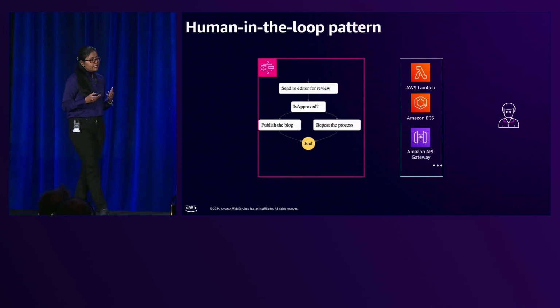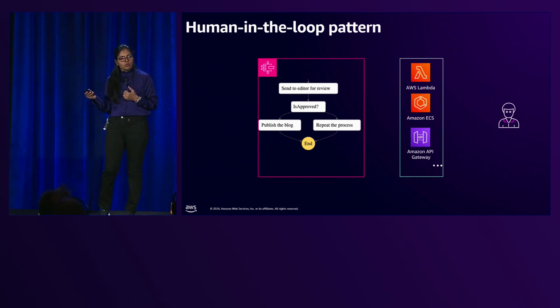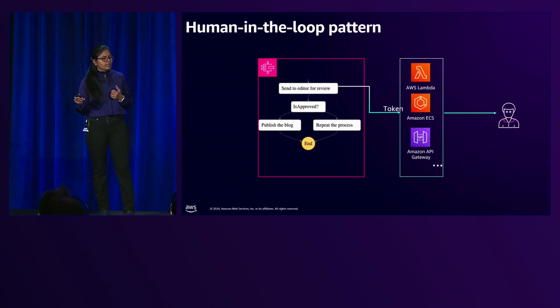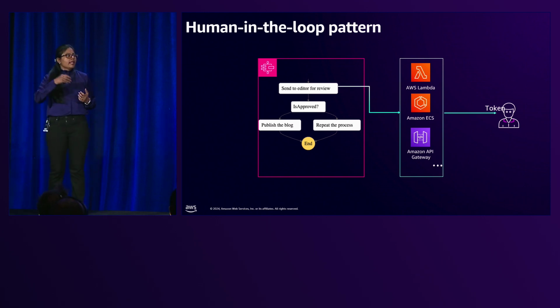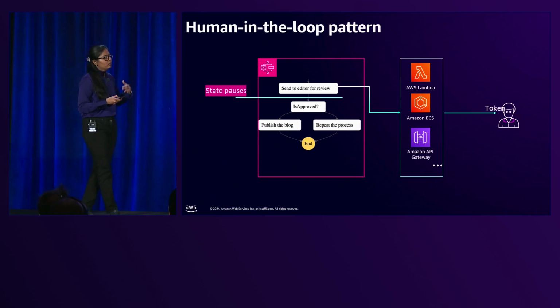The way you do that is, when there is a step where you need to connect with a human reviewer, you use a pattern called the callback pattern. When you use that, it generates a token, and that token is sent to an integrated service and then to the reviewer. The step goes to a pause state and will wait until the token is returned to it.